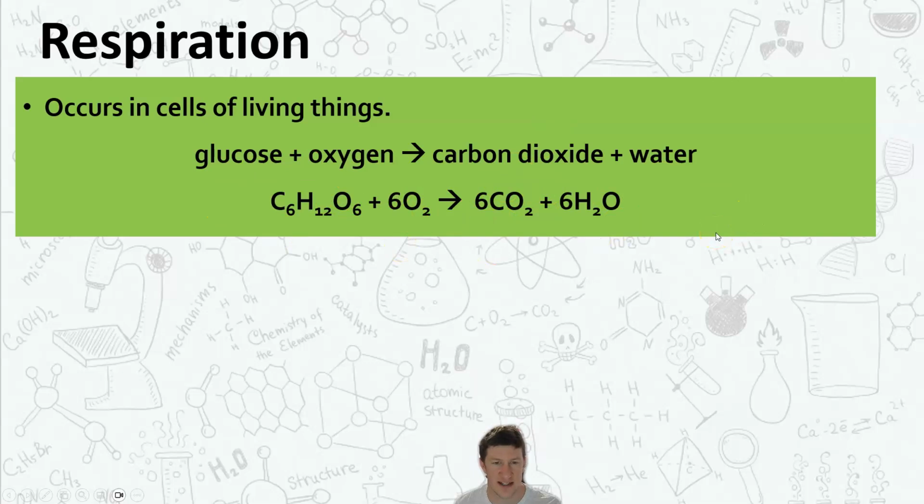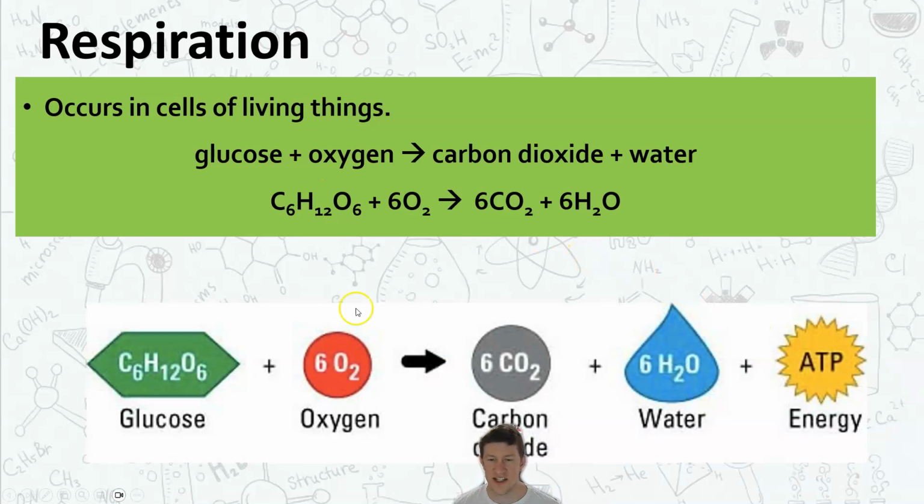So the process is always figure out the reactants and products, write the equations, then go back and balance by adding those coefficients to then balance everything out. So this is what I was talking about. We produce carbon dioxide, water, and energy, which we refer to as ATP, adenosine triphosphate. So that's a thing that the body or the cell uses as its energy source from respiration.